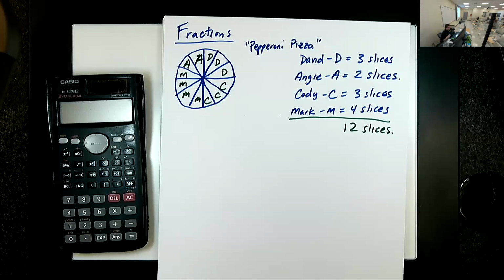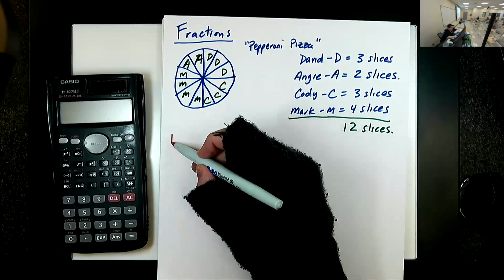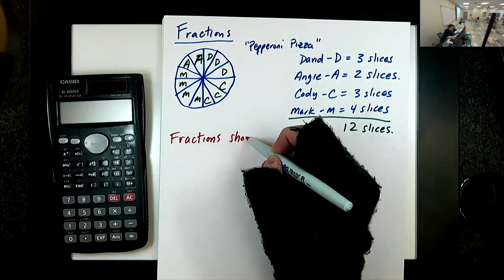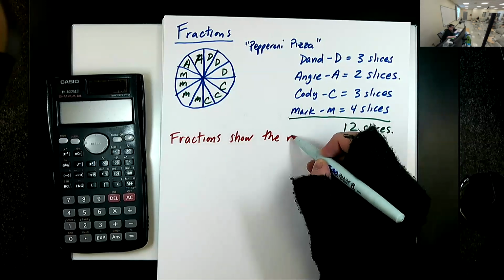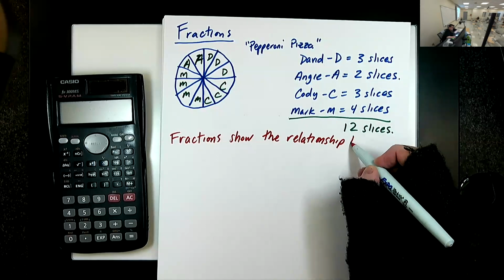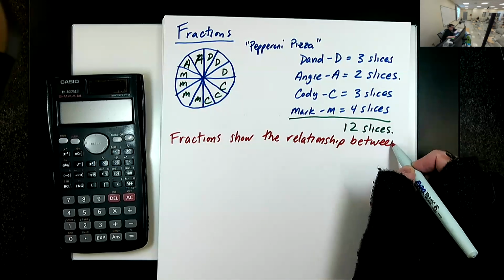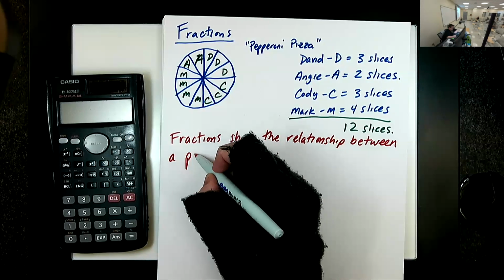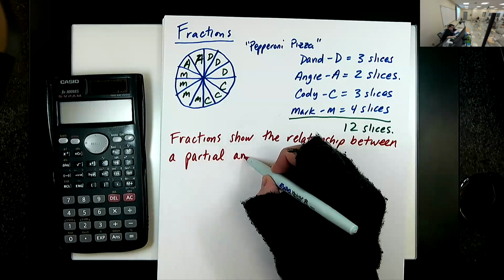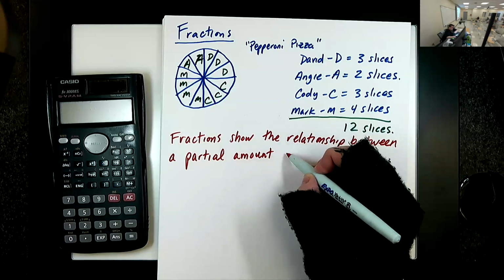What fractions do is show the relationship between a partial value and the whole. Partial amount and the whole amount.